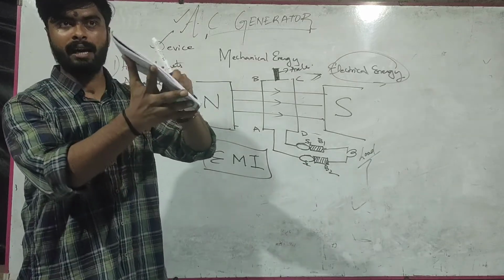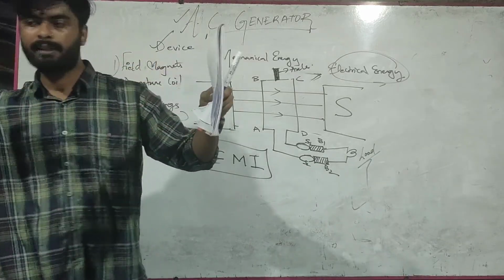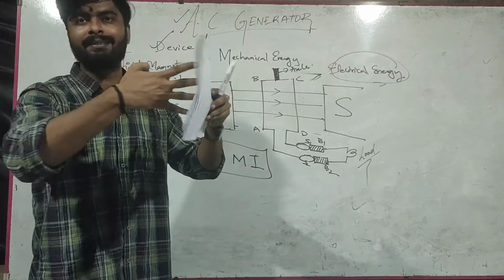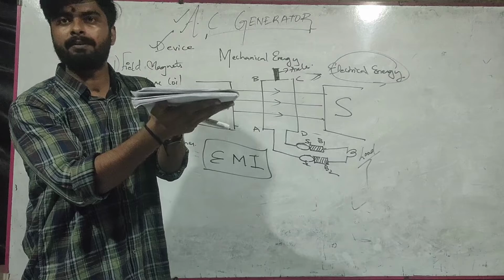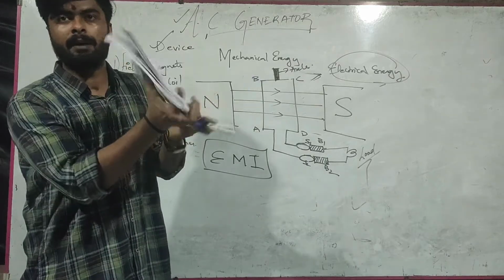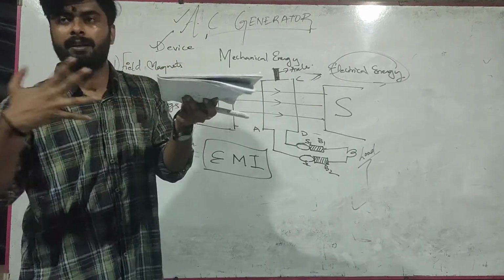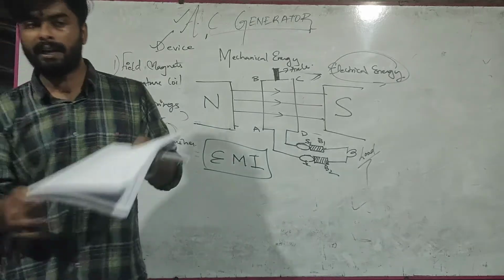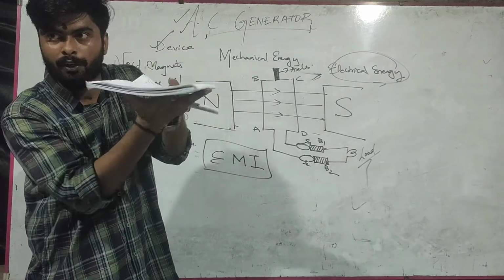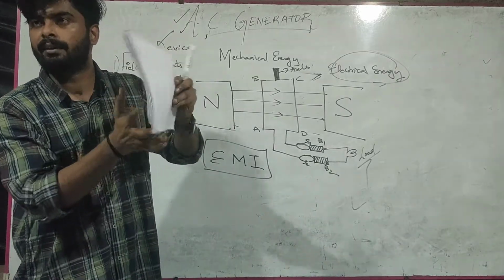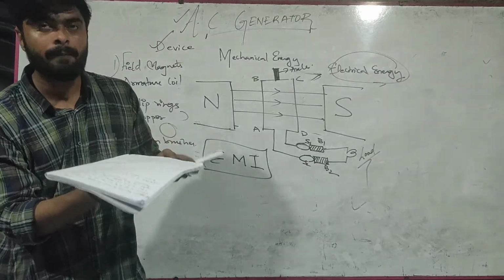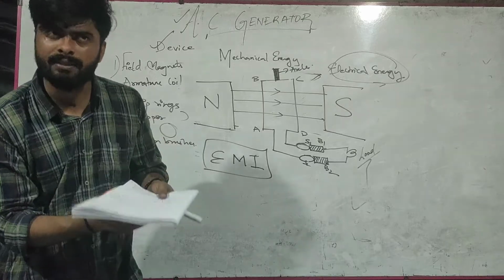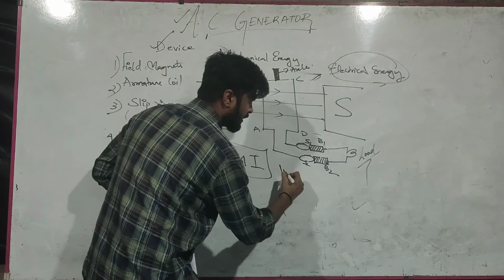But as you rotate the armature coil, the number of magnetic field lines entering the armature coil changes. Now it's 4, then it becomes 0, then 4, then 0. So you can see the number of magnetic field lines entering the armature coil is changing. That means the magnetic flux is also changing. When there is change in magnetic flux, there is an induced EMF.